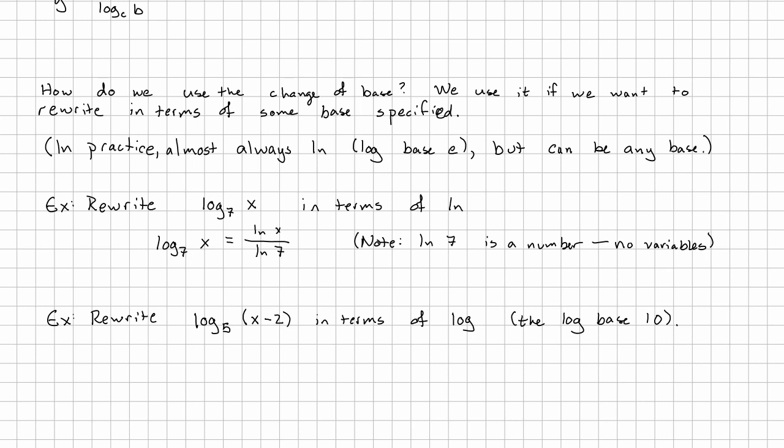Okay, so the change of base formula says to take the log base 5 of x minus 2. We can take the common log of x minus 2 and divide that by the common log of 5. And that's all there is to this.